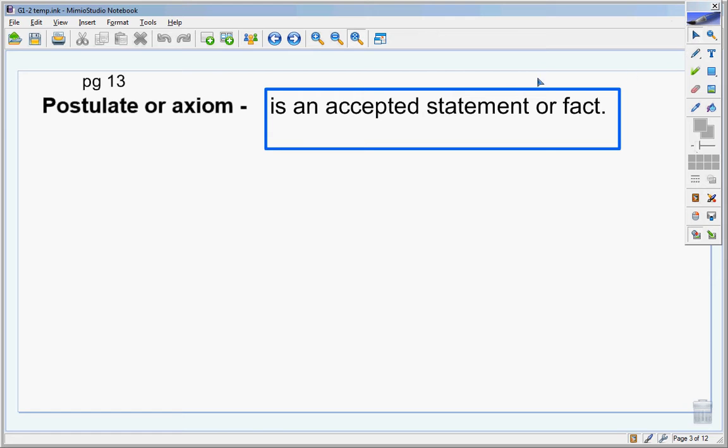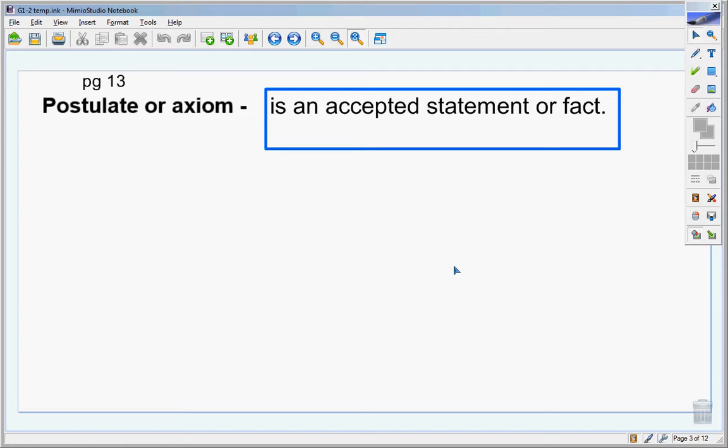Now, if you ever notice a little blue box around something like this, it's supposed to be hidden. And for the sake of taking notes, I've unhidden it so that we could talk about it a little bit. I will say that the first chapter of geometry is like learning a whole new language.